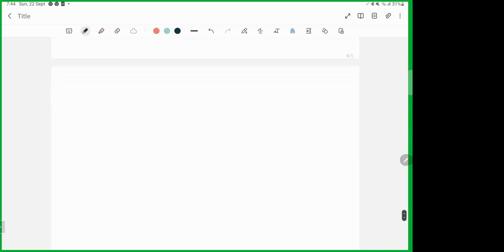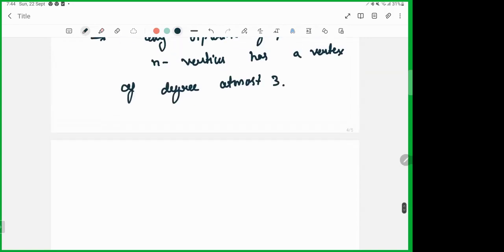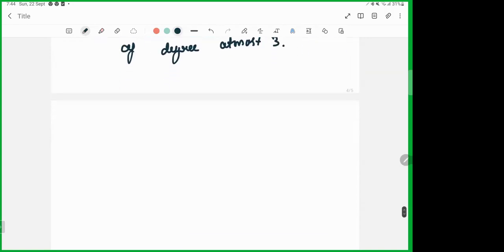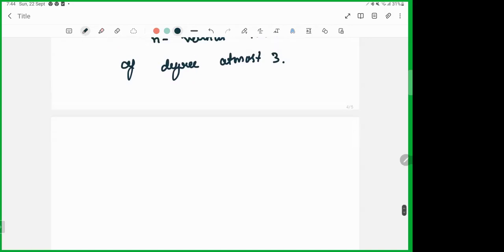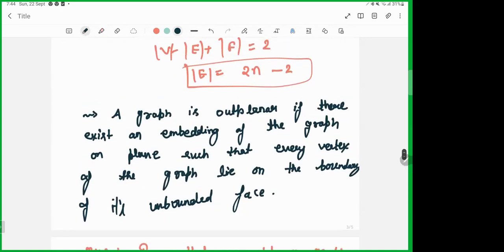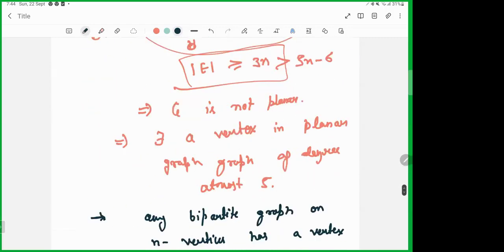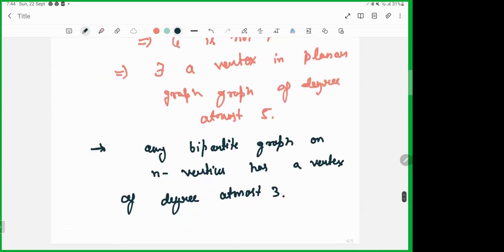Good. So next problem. We are going to talk about outerplanar graphs, right? I defined outerplanar graph. So now we need to show the bound for outerplanar graphs.